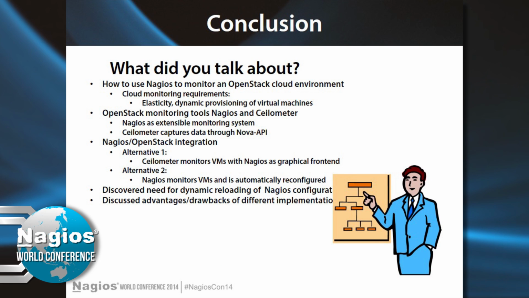Now, what did we talk about? We talked about how to use Nagios to monitor your OpenStack cloud environment. We saw that a cloud environment has a monitoring requirement which demands high elasticity and dynamic provisioning of virtual machines.